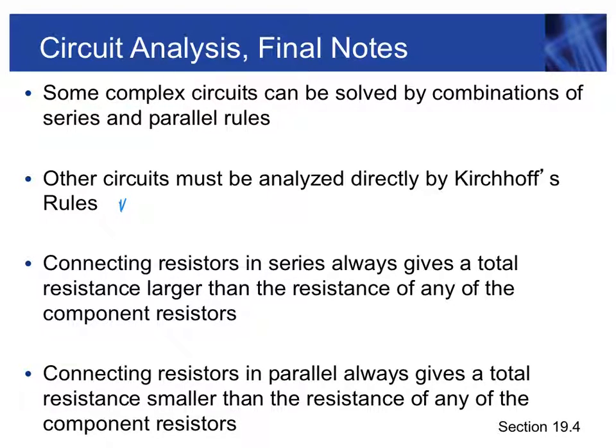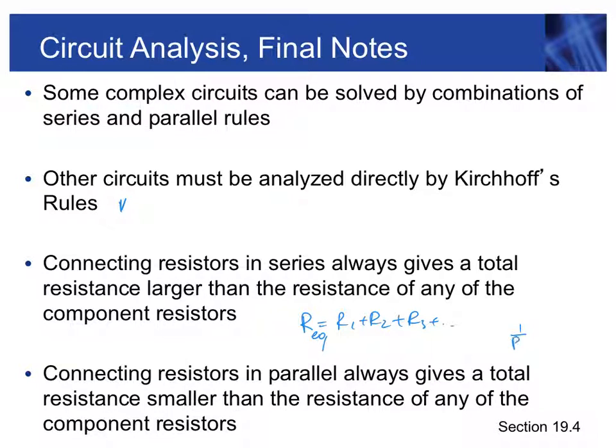You'll be fine. Connecting resistors in series always gives a total resistance larger than the resistance of any of the component resistors. Why? You have R1 plus R2 plus R3 and so on. Resistance is always positive, so equivalent resistance is always going to be larger than any of those. However, connecting resistors in parallel always gives a total resistance smaller than the resistance of any of the component resistors.